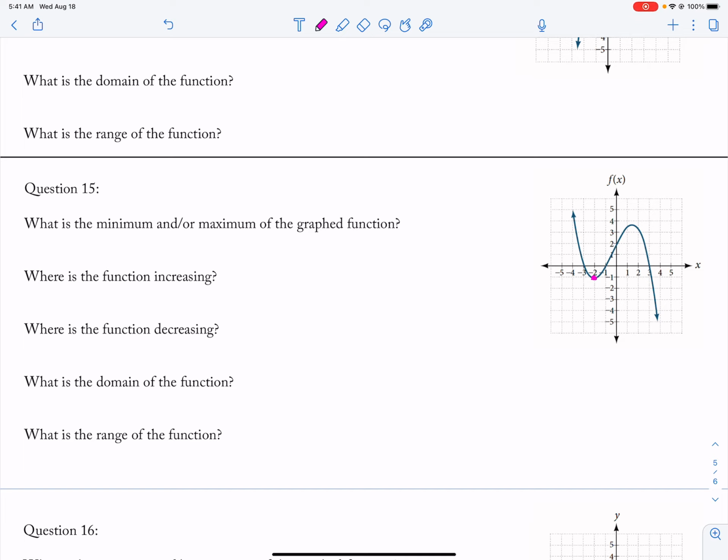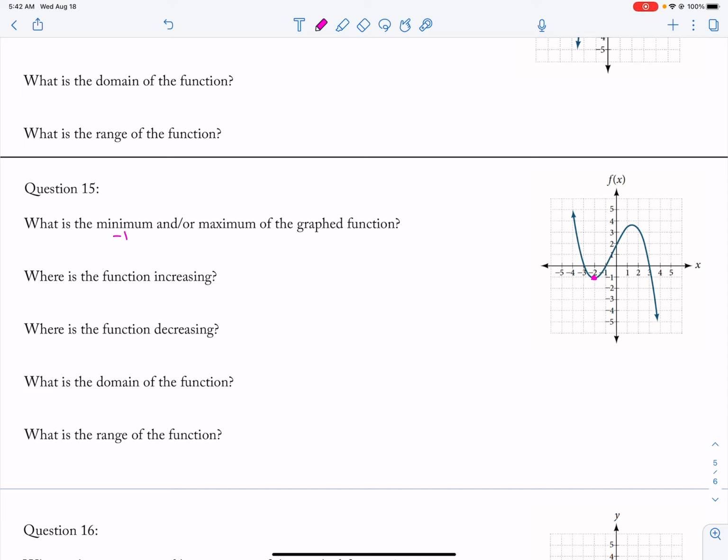The minimum is the y value. So it's at x is equal to negative 2. Be careful because I'm asking you for the minimum value. If I'm asking you for just the minimum value, that is the y value. If I'm asking you for the value of x where you have a minimum, then I needed x equals negative 2. So just be careful because you could speed read and then mess yourself up.